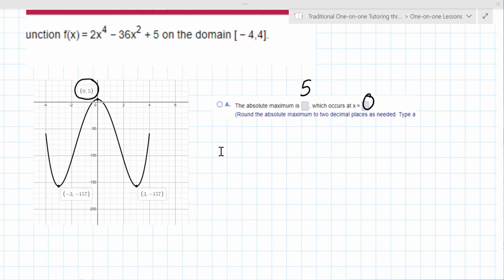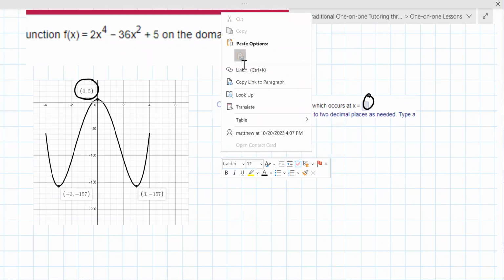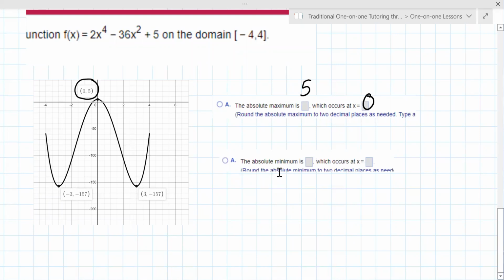Now it does say use commas to separate answers, so you can have more than one min or max, but the absolute min is -157, and it occurs at x equals -3, comma 3. And so with the graph, it just tells you so much about these things. And calculus really is about interpreting curves.